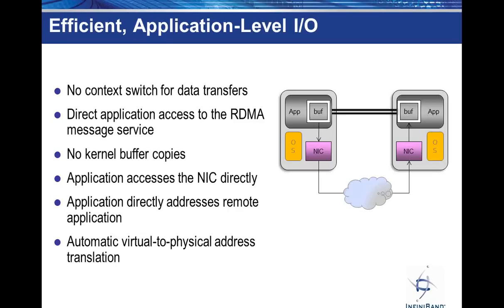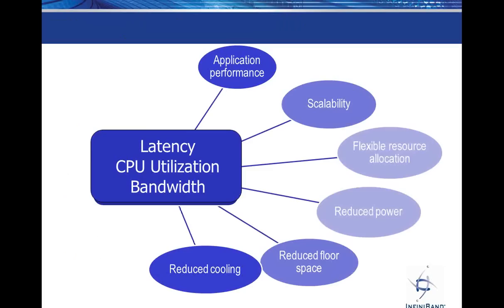So all in all, this has produced some pretty remarkable reductions in end-to-end latency. Really what we're doing is enabling servers to do much more real work in the same amount of time, but at a lower cost. So you can see how RDMA delivers those three basic value propositions that we talked about before. It reduces latency, it reduces CPU utilization, and it reduces bandwidth.